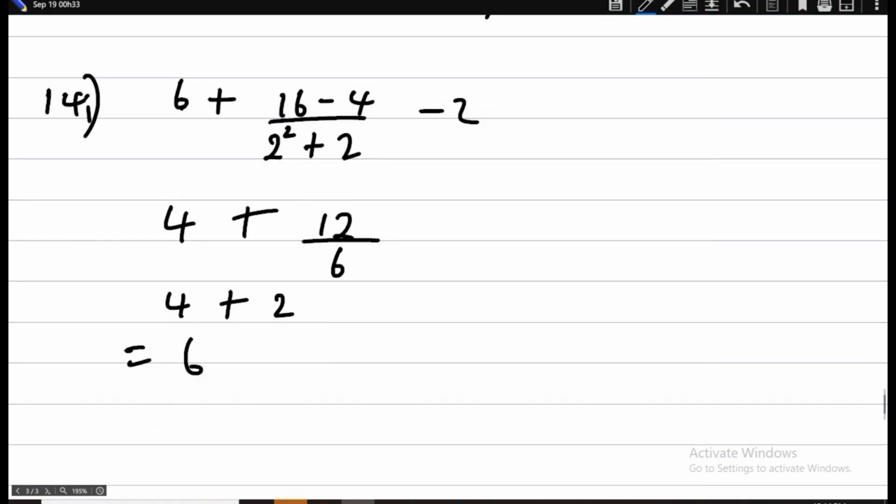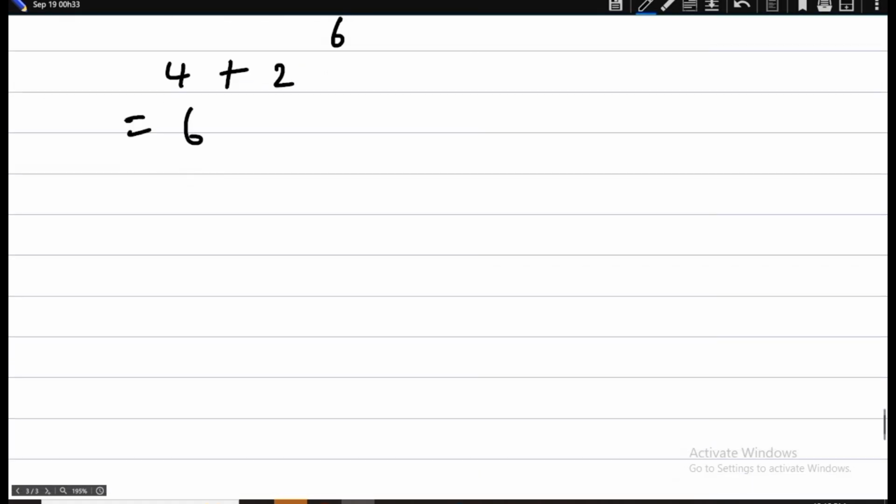So we go to II. 14II gave us 14 plus 10 divided by 4 plus 2, then minus in bracket 5 minus 3, then plus 2.